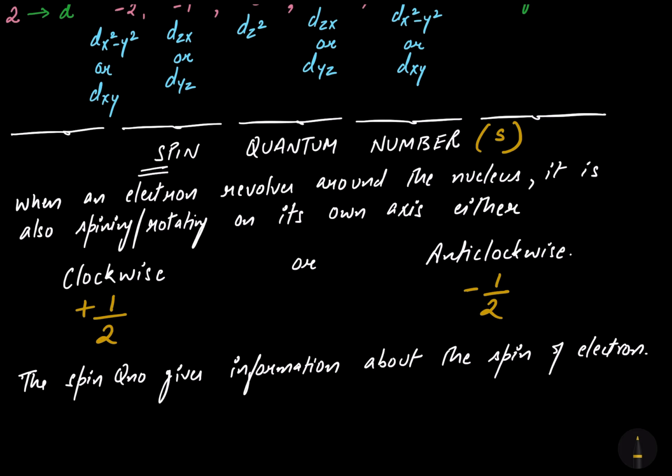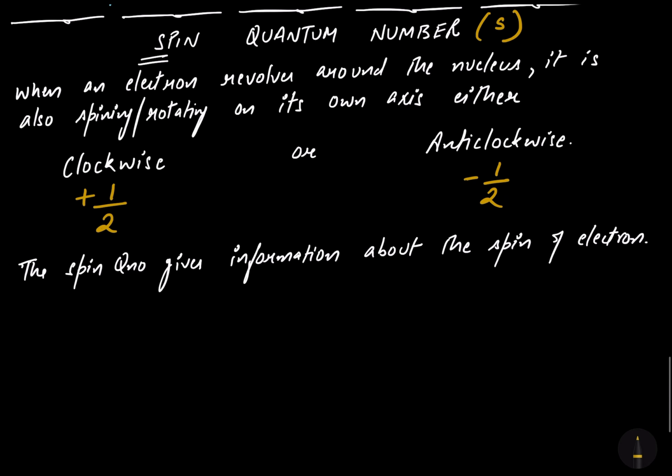Now, according to the spin, a maximum of two electrons having opposite spin can remain in one orbital. It's a very important point.